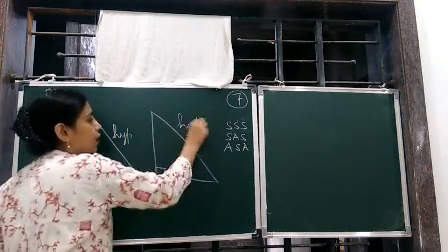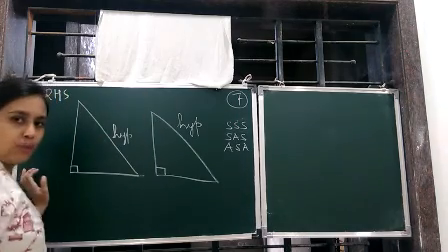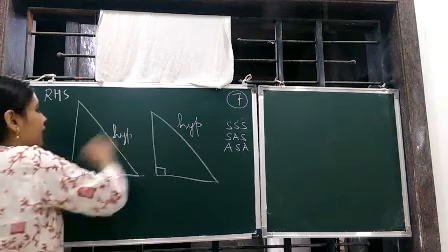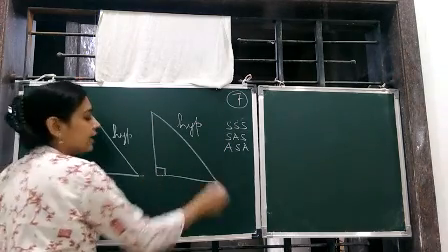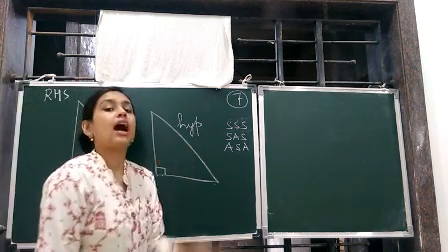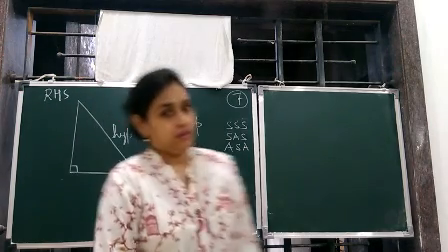So if the hypotenuse of both the triangles is equal and any one of the two sides of the right angle is equal, corresponding, then the two triangles are said to be congruent.